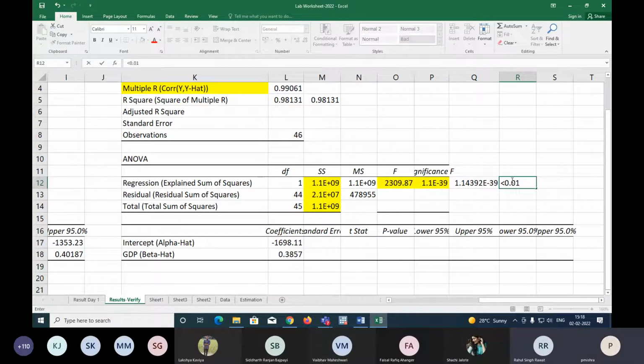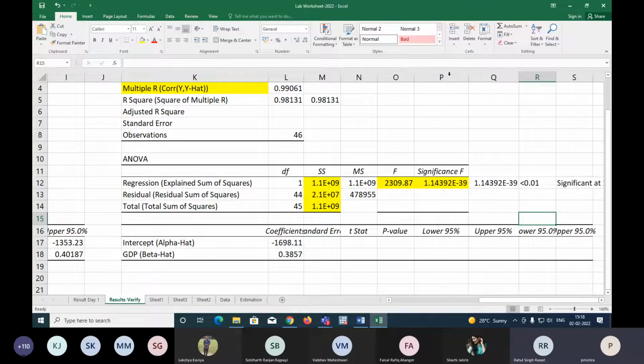This means significant at 1% level. This means here we reject the null hypothesis at 1% significance level, and that means the estimated model is statistically significant.